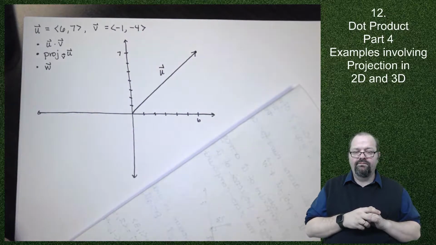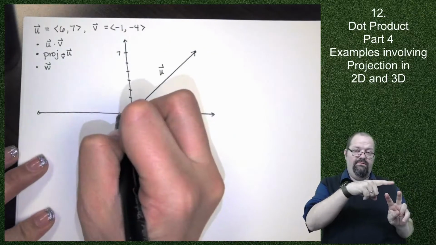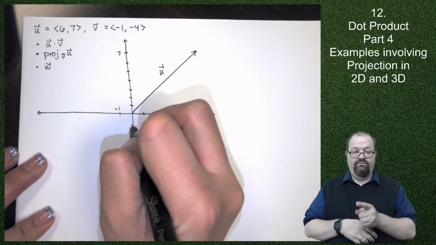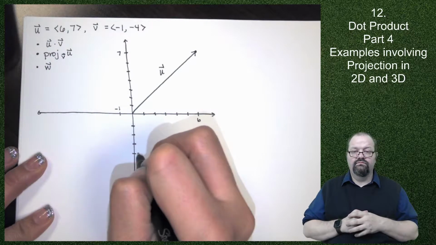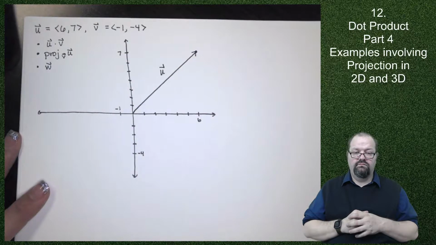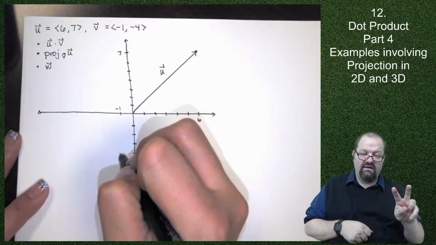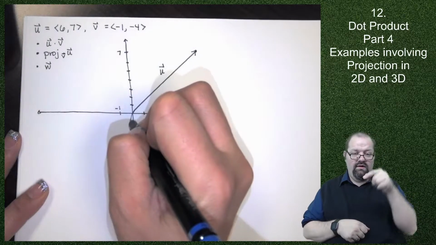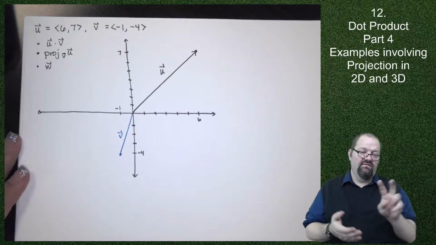And I also want to draw the vector v. This says go -1 unit in the x direction, and then down 4 units in the y. So I'm going to use blue for v, go over 1 and down 4, and that's v.